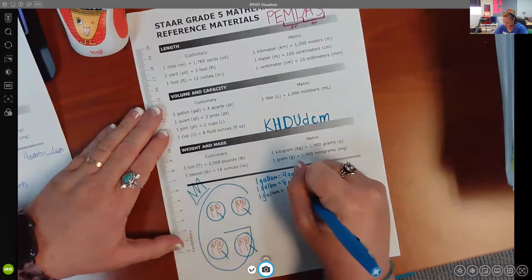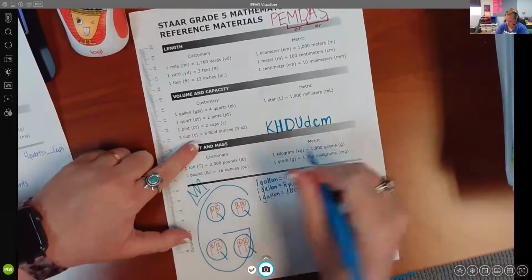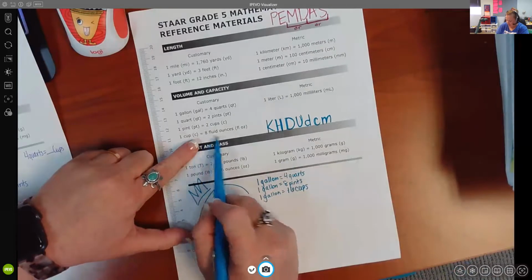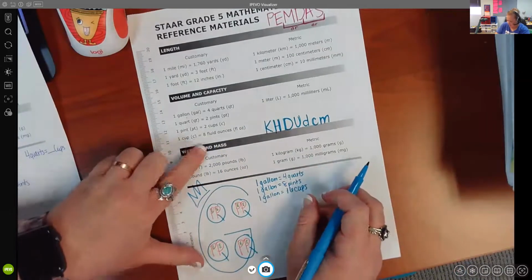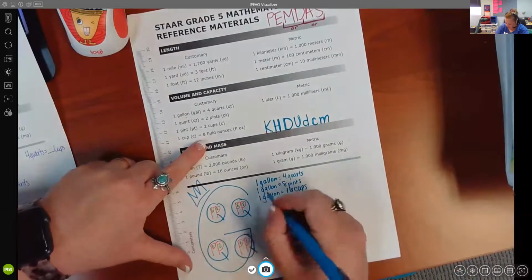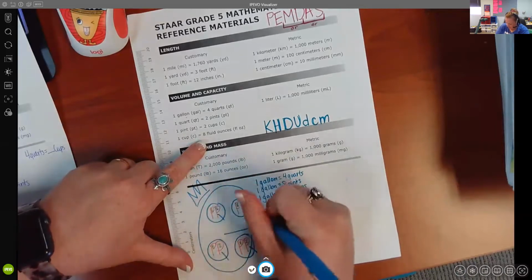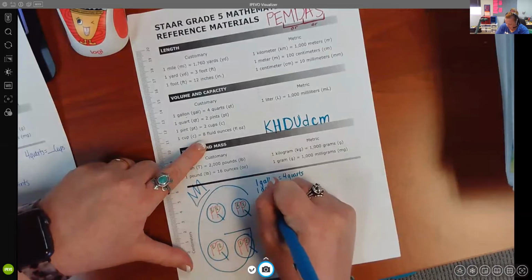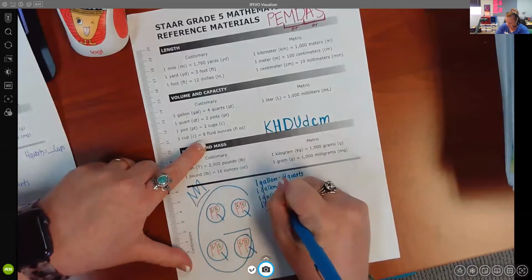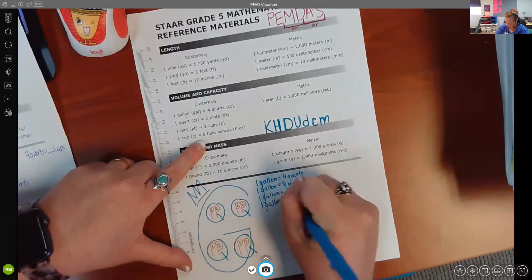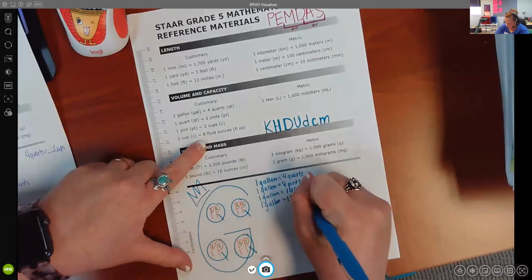16 cups. Okay, and now we have each cup is equal to 8 fluid ounces. So it would be a little hard to draw 8 little dots in there. So 1 gallon is equal to 128 fluid ounces.